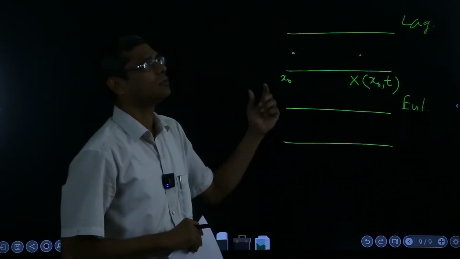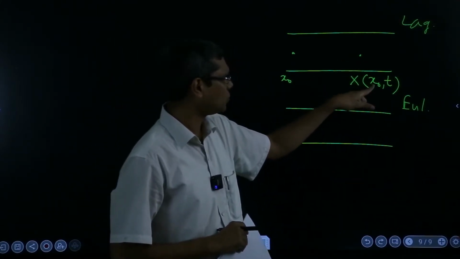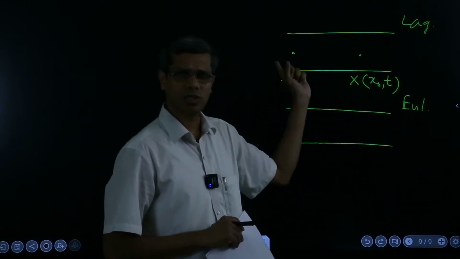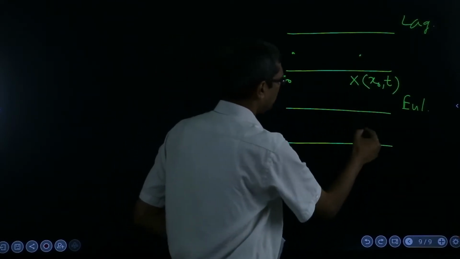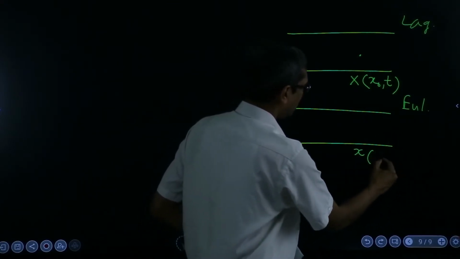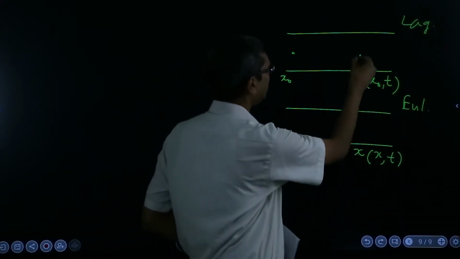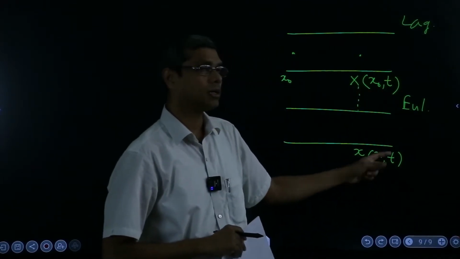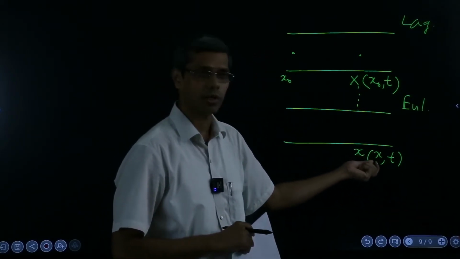That is the meaning of Lagrangian: we are referring to the particle with respect to its original position, and time. As opposed to that, in Eulerian, x is x and t. That means at the same location, we are not referring to the particle with respect to its original position, but with its current location.